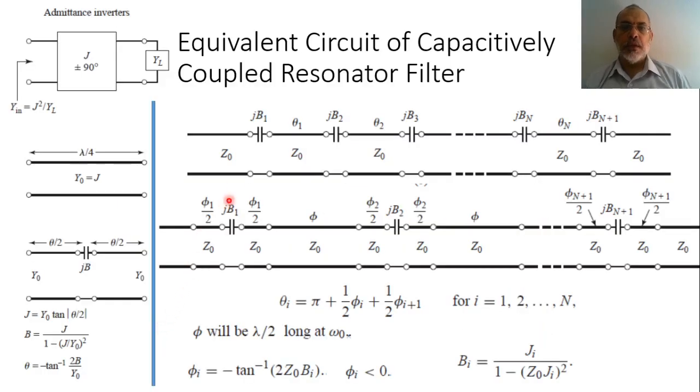This circuit can be represented in terms of a constant line section of phase phi, in addition to line sections with phase shifts phi 1 over 2, phi 1 over 2, phi 2 over 2, phi 2 over 2, phi 3, until phi n plus 1 over 2, phi n plus 1 over 2, and so on, such that theta 1 is given by phi plus phi 1 over 2 plus phi 2 over 2, and theta 2 is given by phi plus phi 2 over 2 plus phi 3 over 2, and so on.